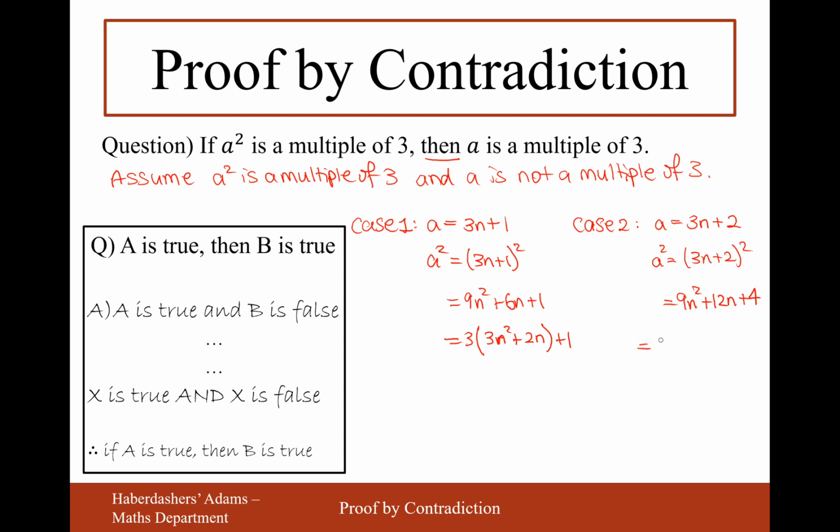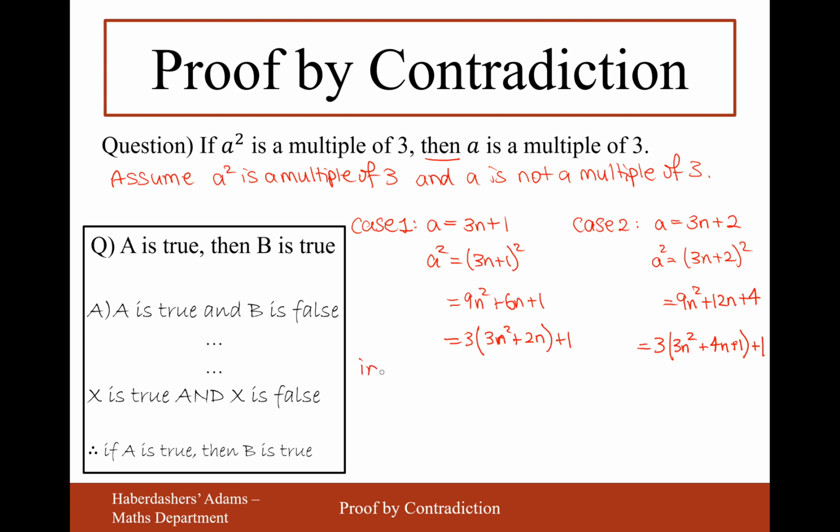And this one over this side is going to be 3 brackets 3n squared plus 4n plus 1, plus 1. So that's also going to be, when it's divided by 3, a remainder of 1. It's 1 more than a multiple of 3, and this is also 1 more than a multiple of 3.